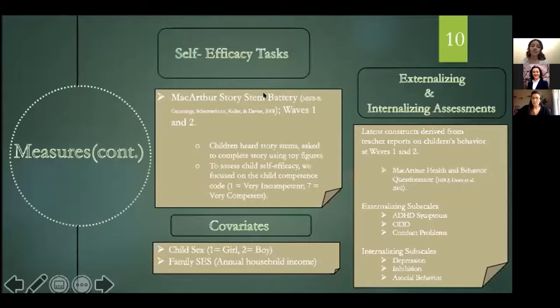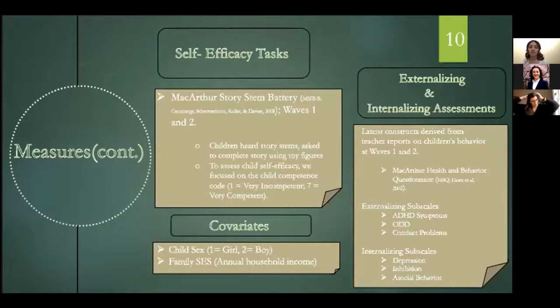To measure self-efficacy, we use the MacArthur Story Stem Battery. In this task, children heard story stems and were asked to complete the story using toy figures. To assess their self-efficacy, we focused on the competence code, 1 being very incompetent and 7 being very competent.